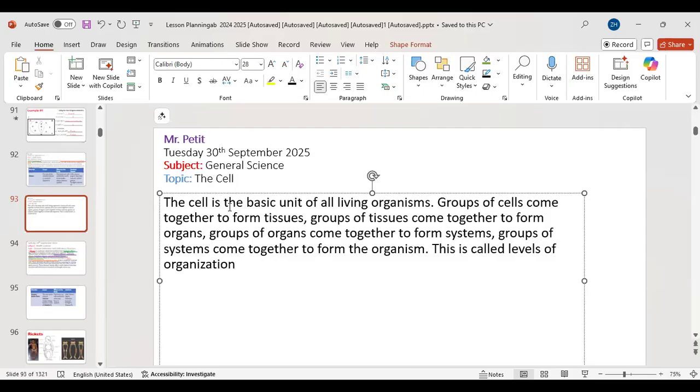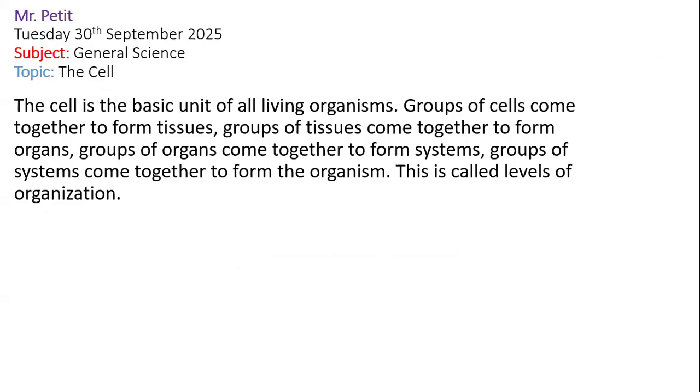And levels of organization we find all over the place. In your school, you have levels of organization. So groups of students make up a classroom. Groups of classrooms make up a grade. Groups of grades make up a lower division or upper division. Groups of upper and lower division make up a school.